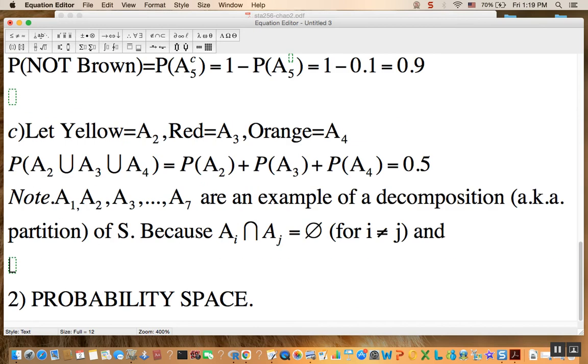And let me write it down with that shorthand notation here.